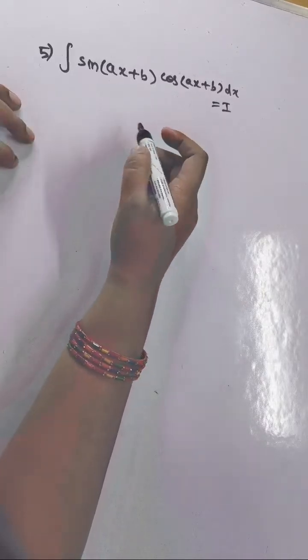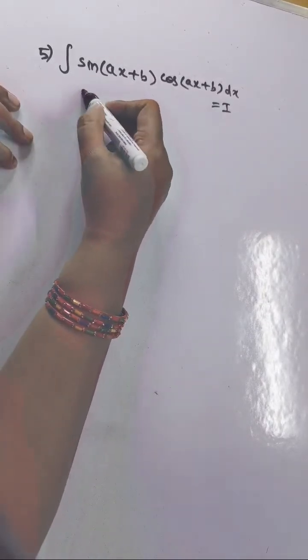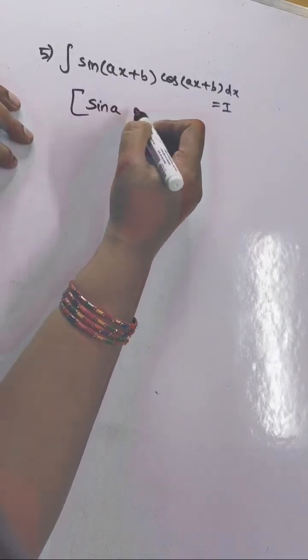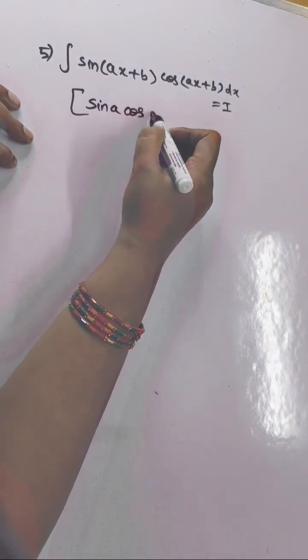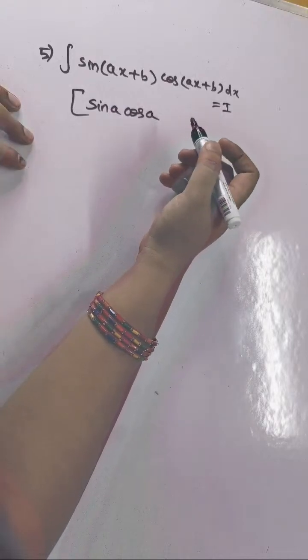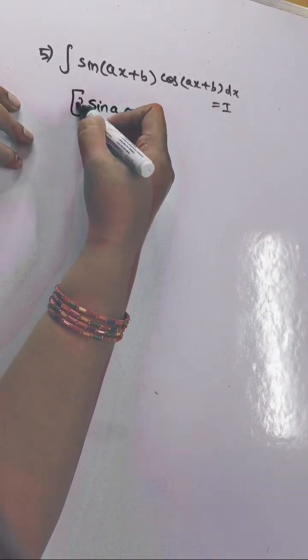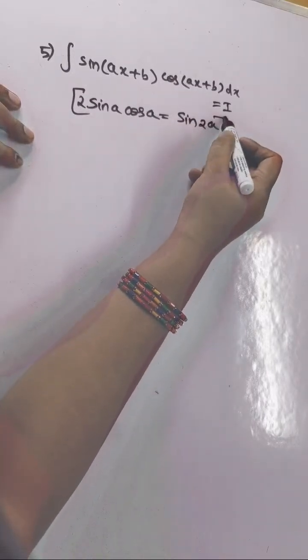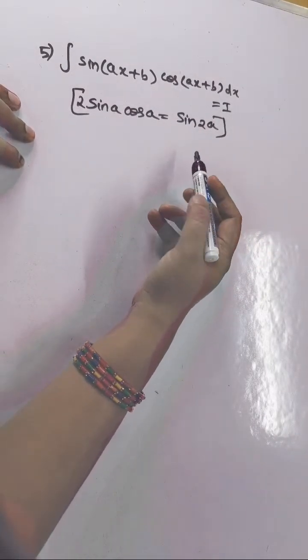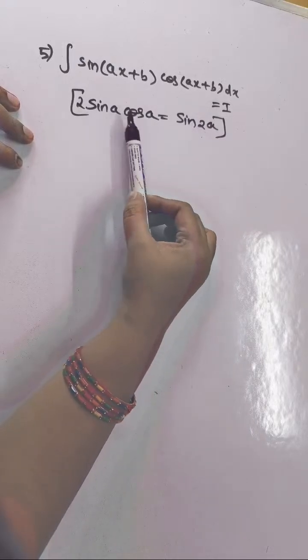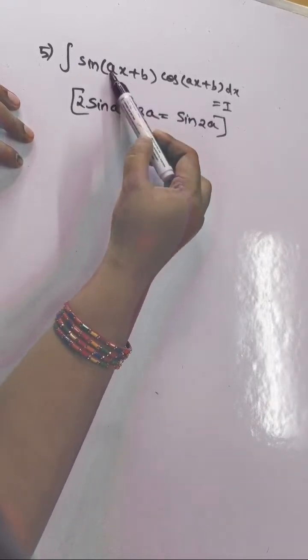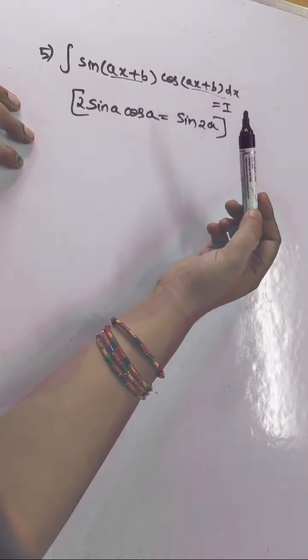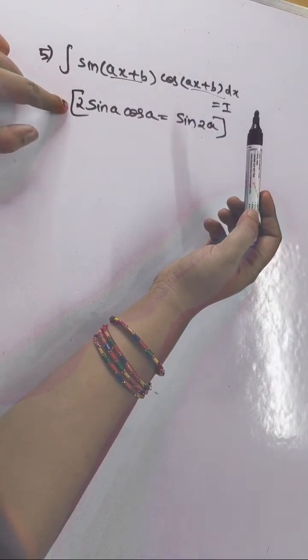Now, it is in the form sin A cos A, or sin x cos x. What is missing? 2 is missing. What formula is it? Sin 2A. We know that the sin 2A formula is 2 sin A cos A. Instead of A, you have it in the form of AX plus B, and we don't have 2 here.